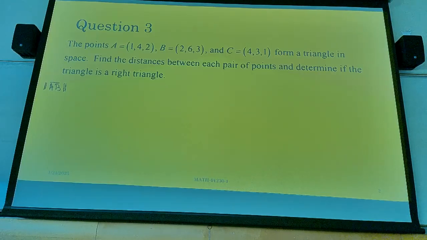So the distance between A and B is the same as the length of the line segment AB, right? What's that length going to be?